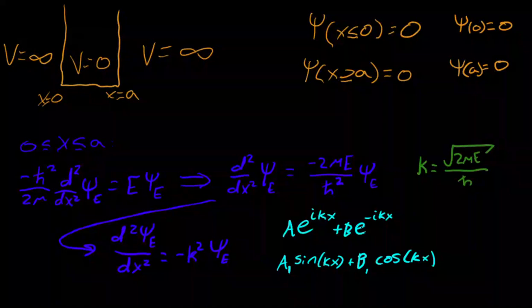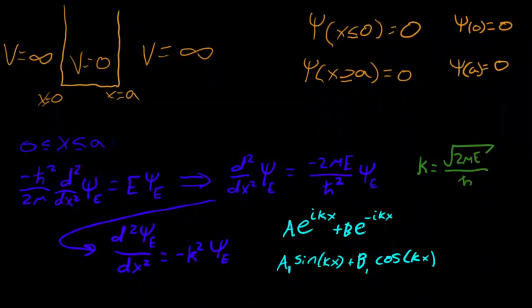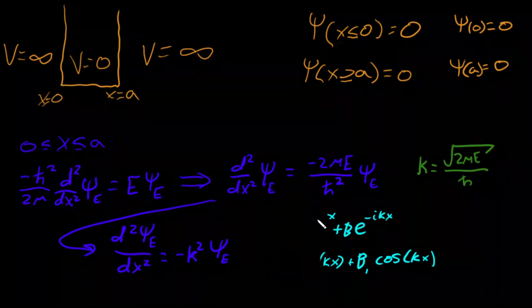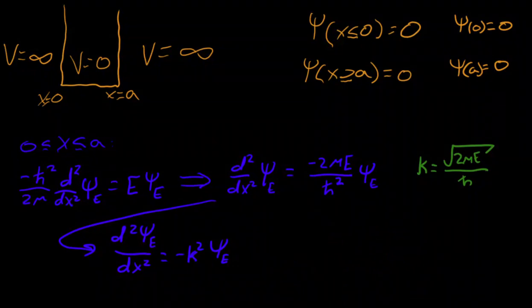But you'll find out in a few videos that we should be using this one, and A and B will have to be real. That's going to be a theorem that we'll look at in a few videos. But for right now, for full generality, we use the A sine plus B cosine. I'll just use A and B.